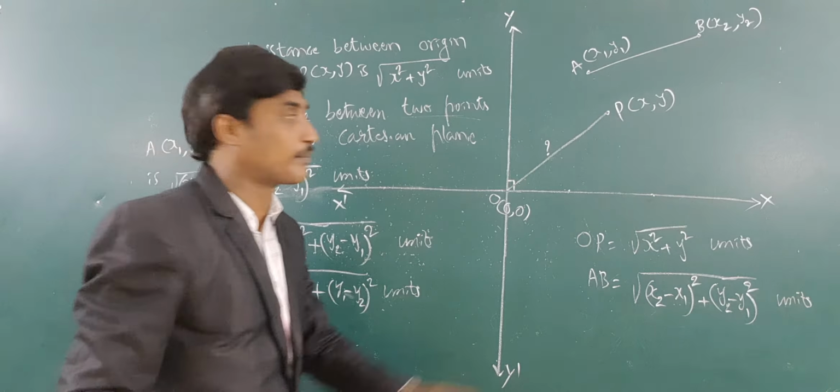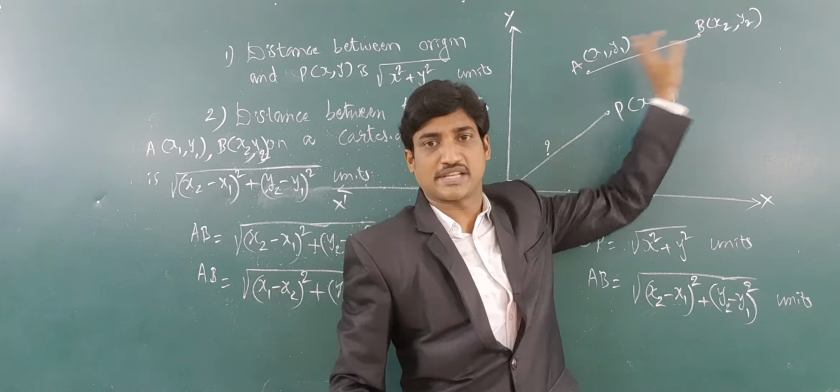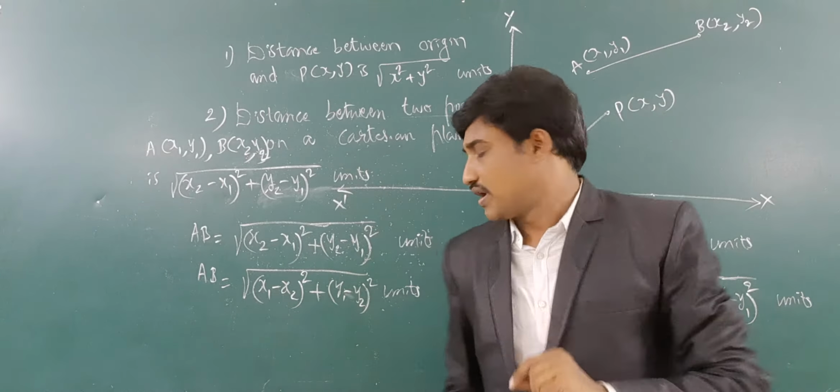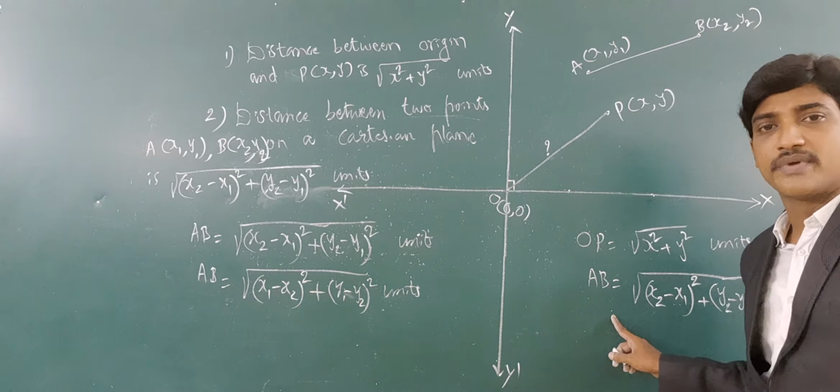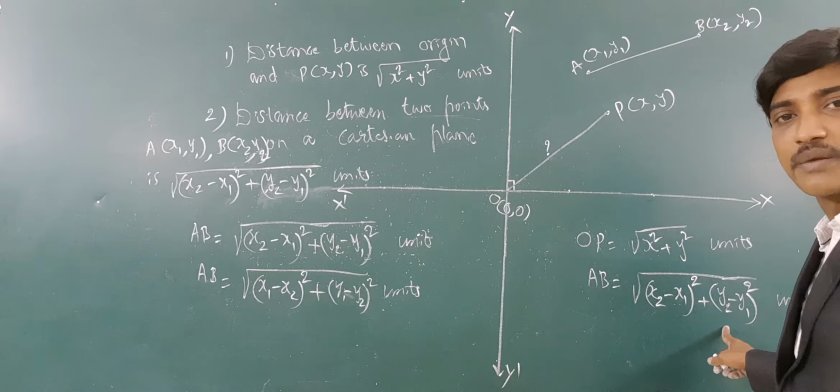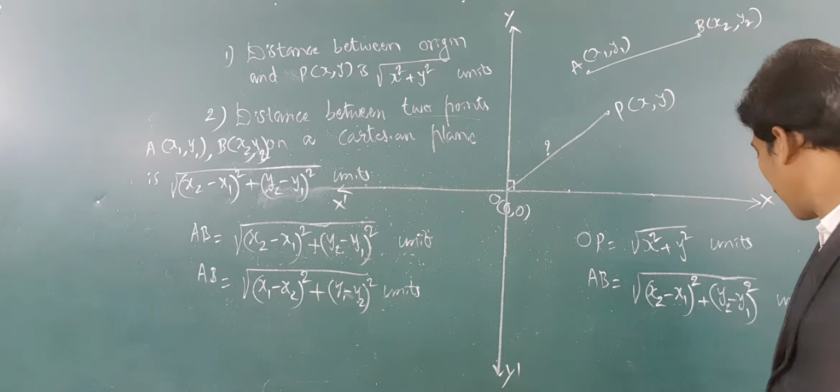Now we have the formula: the distance between 2 points A(x1, y1), B(x2, y2) is square root of (x2 minus x1) whole square plus (y2 minus y1) whole square units.